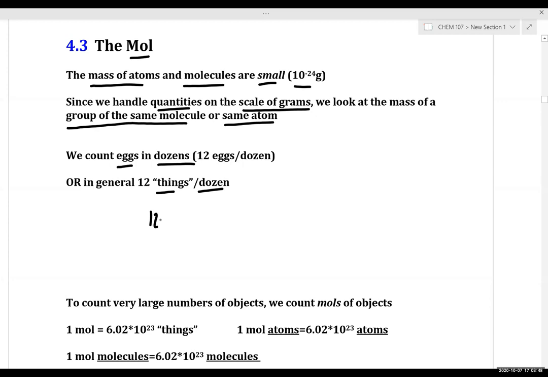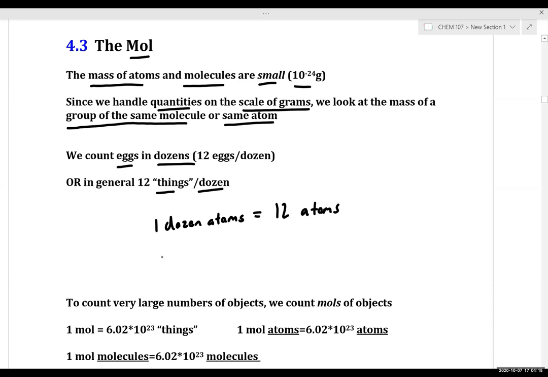So for example, if we said we had 1 dozen atoms, we would have how many atoms? What does a dozen represent? 12. Well, exactly right.